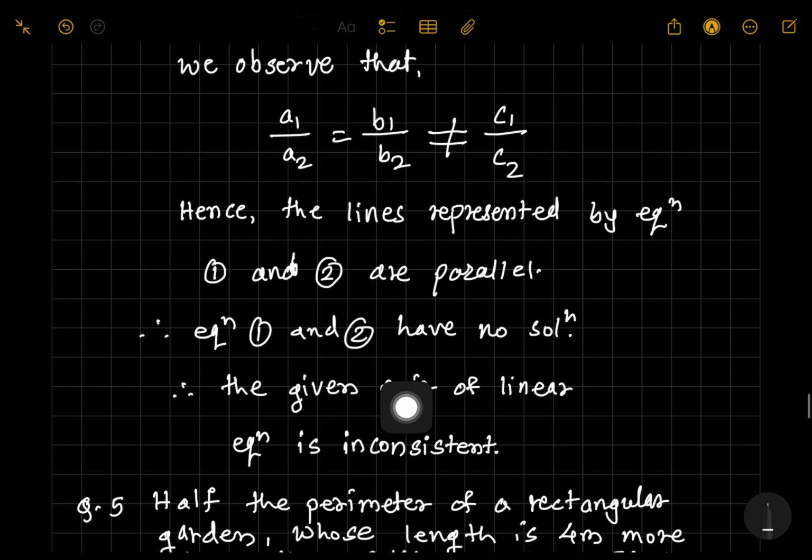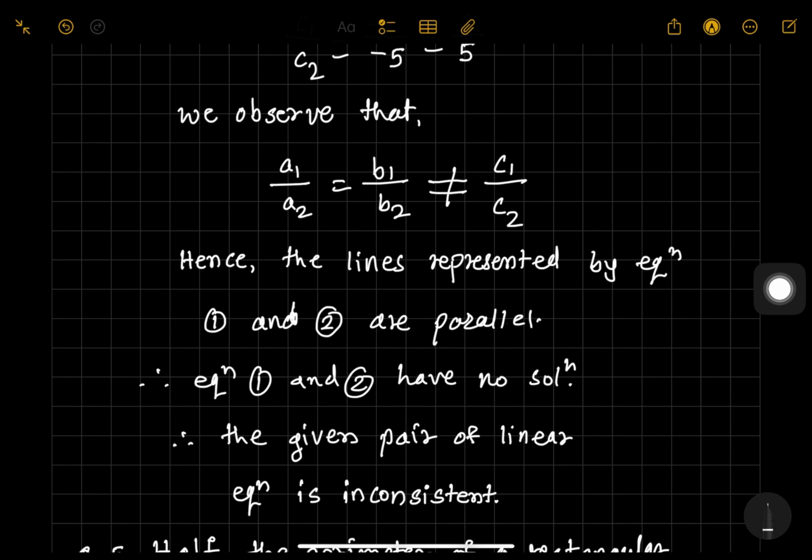So the given pair of linear equations is inconsistent. So this is very simple. Go through it, and before that see the previous video, don't miss it, so you will understand this. We have to remember when it is consistent and when it is inconsistent.